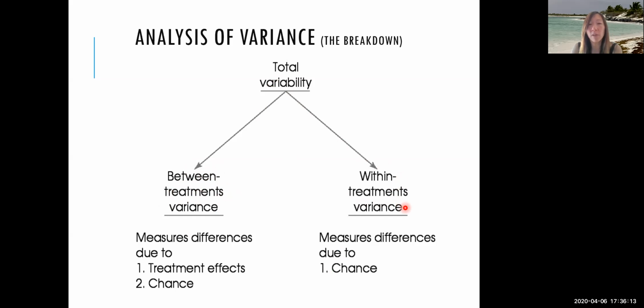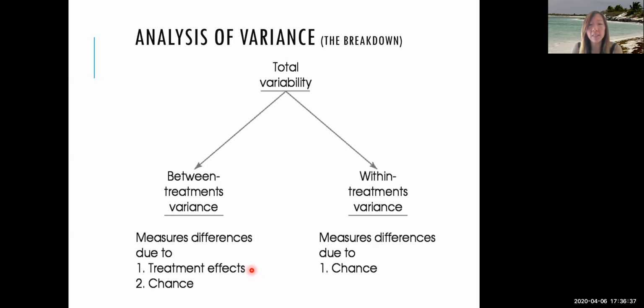We're going to use the variance to calculate mean differences. So what is between treatment variance? Well, this measures the differences due to treatment effects, and chance. Let's talk about treatment effects.